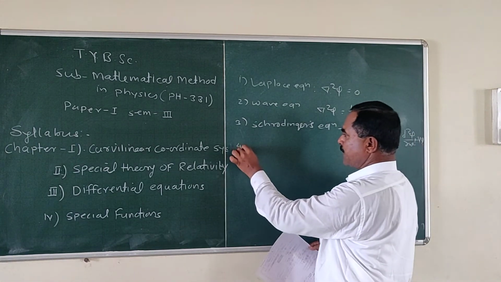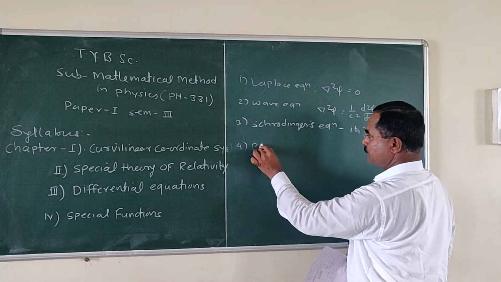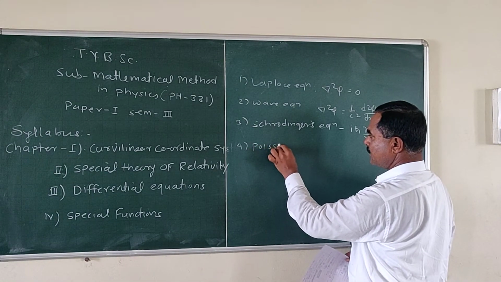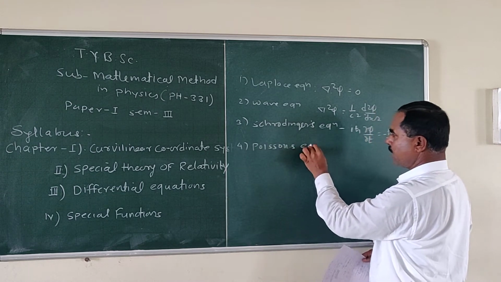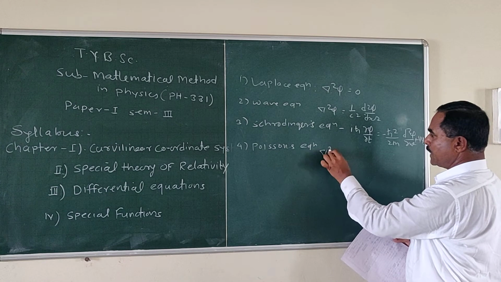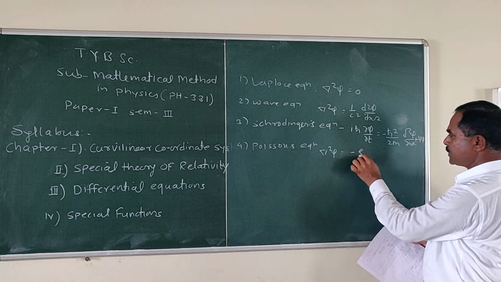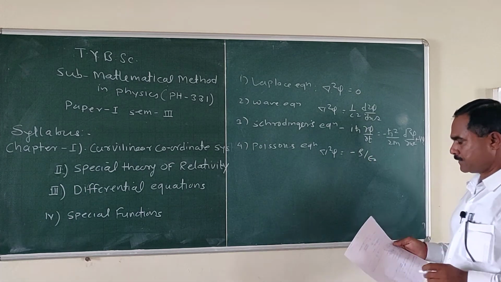The fourth equation is Poisson's equation, and its form is del square psi equal to minus rho upon epsilon naught.